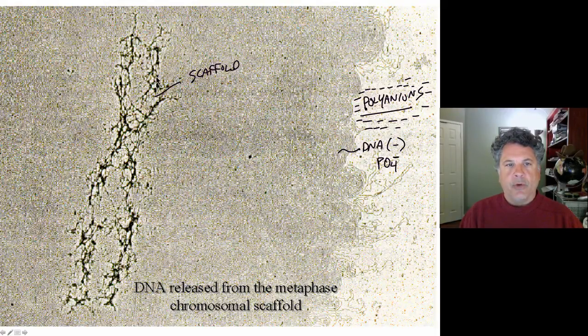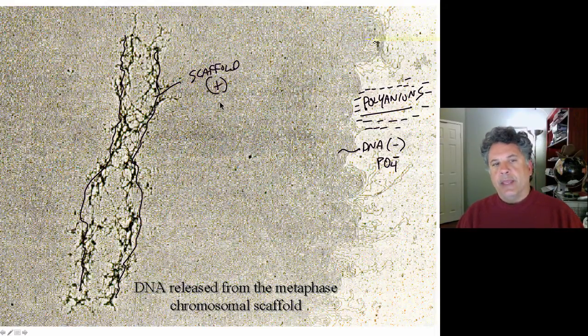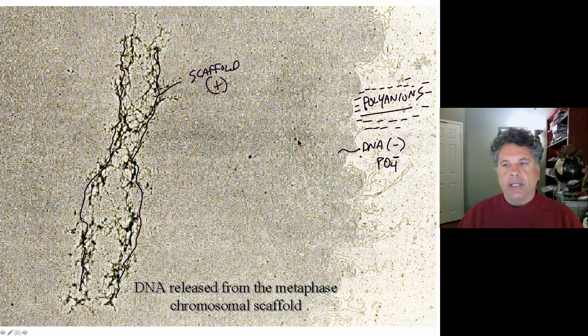This is the scaffold of one chromatid here, and another scaffold of another chromatid here. The scaffold proteins consist of positively charged proteins, very positively charged proteins. And we'll see that the histone proteins that DNA wraps around are also positively charged. But right now, what I want you to consider is that the polyanions, being negatively charged, will outcompete the DNA for the positively charged scaffolding proteins.